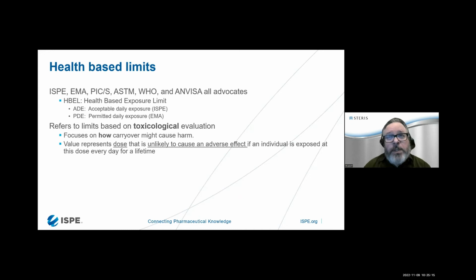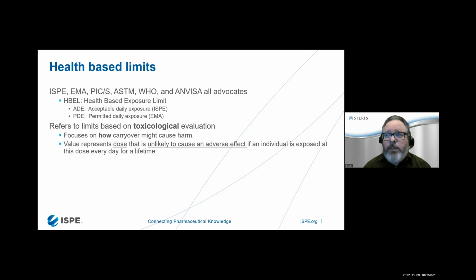So just to recap, ISPE, EMA, PICS, ASTM, World Health Organization, and Anvisa all advocate the use of health-based exposure limits, and specifically the terminology of acceptable daily exposure, or an ADE, originated with the ISPE risk map, and the use of the term PDE, or permitted daily exposure, was introduced through the European guide in 2014.